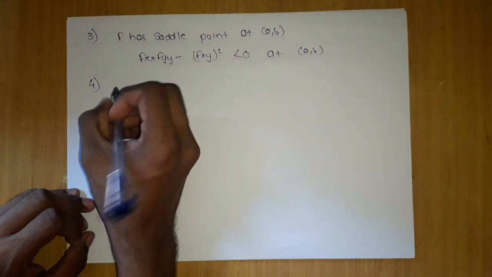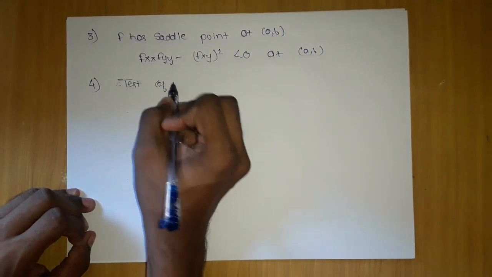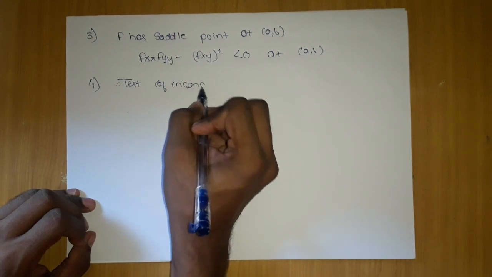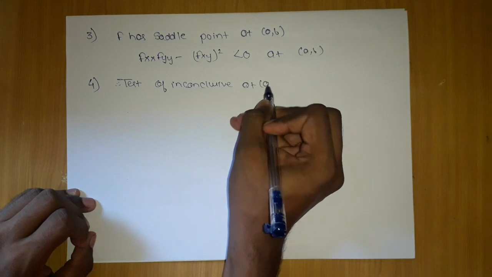Now the fourth condition. We will call this the test being inconclusive at (a, b).